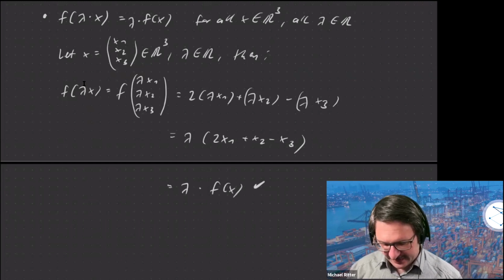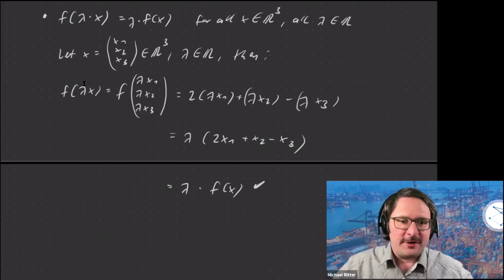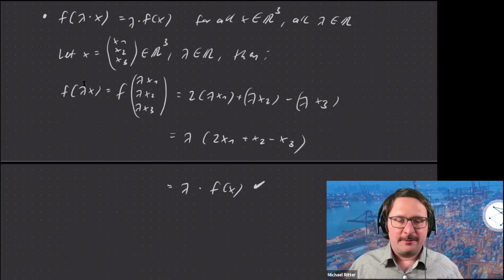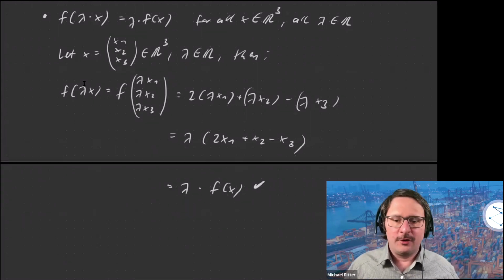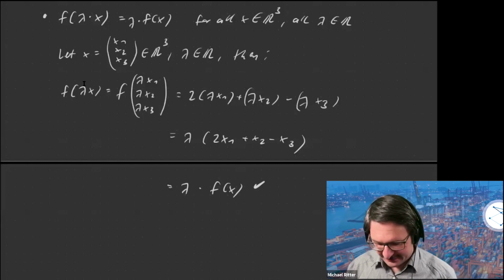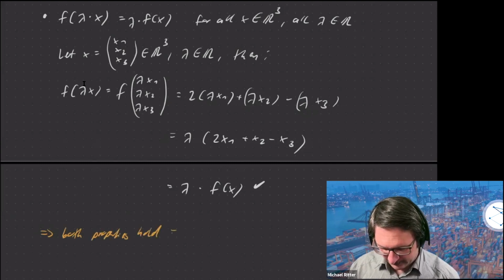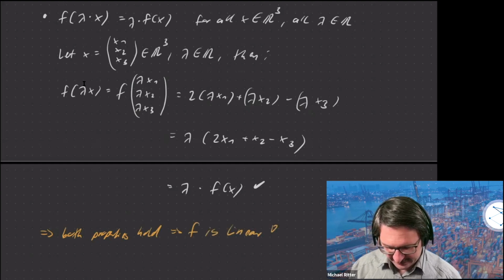So again, that property also holds. That means we have shown that both properties of a linear mapping hold for our function f here. So the function f is a linear function. We know that f is linear.